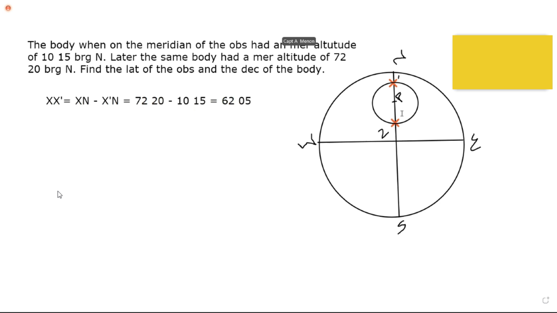Now polar distance, as you know, PX is the polar distance, PX dash also polar distance, because all bodies move with a radius equal to the polar distance.